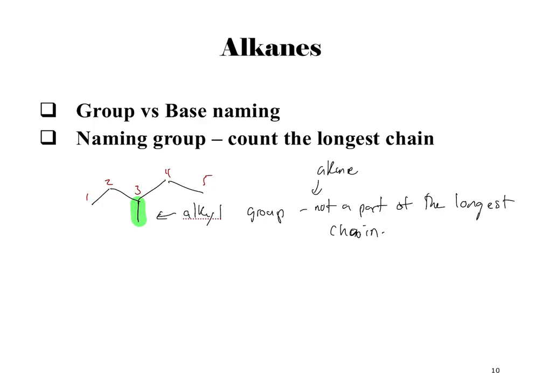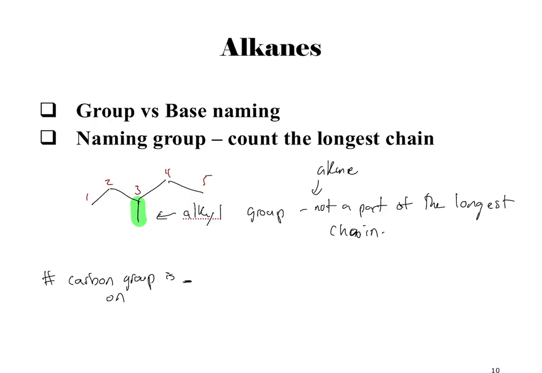Whenever we have a group, the way we indicate this is we put the number of the carbon the group is on. So what number carbon is this alkane group on the main chain? 3, right? So that's on the third carbon. Then you put a dash.